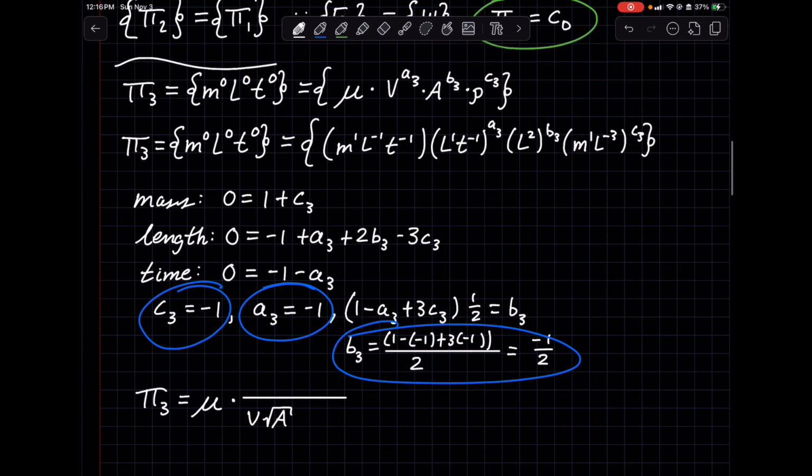And then we have our rho term, which is at the bottom as well.